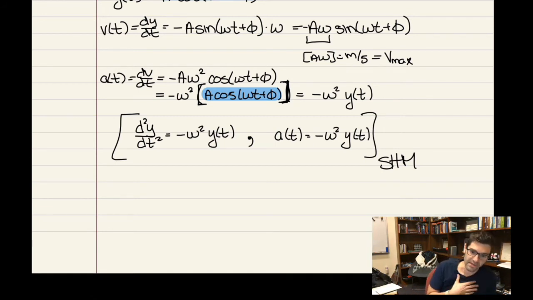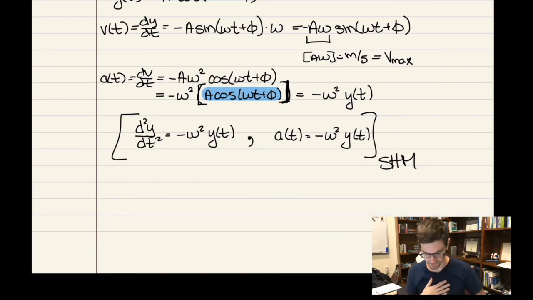Simple harmonic motion is motion that obeys these relationships, where the acceleration of the object is equal to minus some number, which in this case we're quantifying as the square of the angular frequency, times the position of the oscillator as it oscillates back and forth. Or that the second derivative of position, the acceleration, is minus omega squared times position.